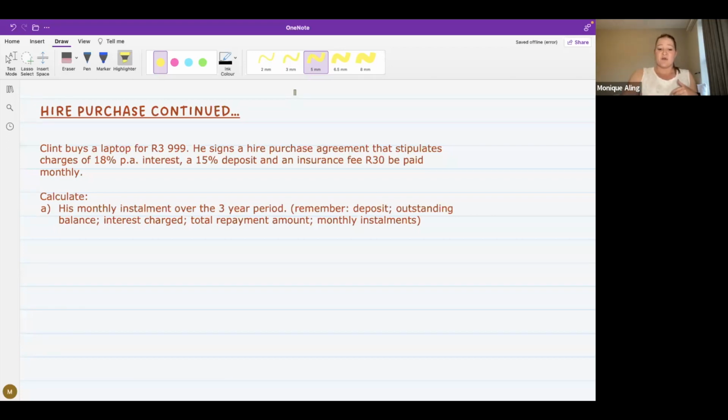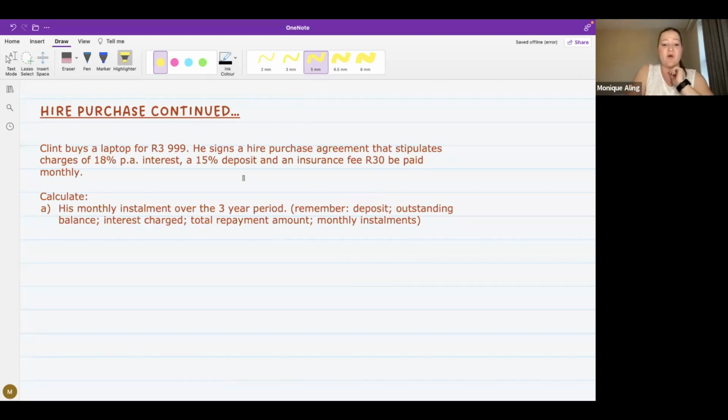So the first question we did, I broke this question down into a lot of little questions. So now we need to work out how much Clint is going to pay every single month for the 3-year period. Remember, we work out the deposit, the outstanding amount, the interest that's going to be charged, the total payment amount, and only then can we work out someone's monthly installment.